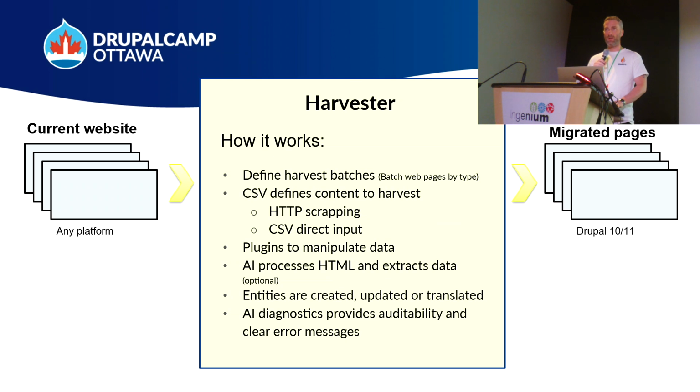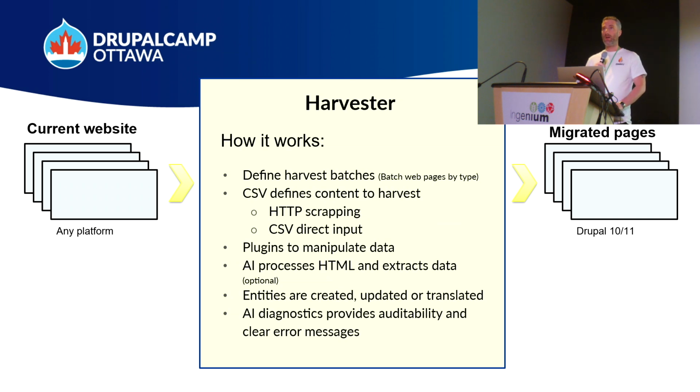So again, we can use data export or some other export mechanism to get the data into a spreadsheet, and then we can feed that into the harvester. We can also do a combination of both. So we can scrape data, and we can also pass data in at the same time. We use plugins then to manipulate the data and get it ready to import into Drupal.